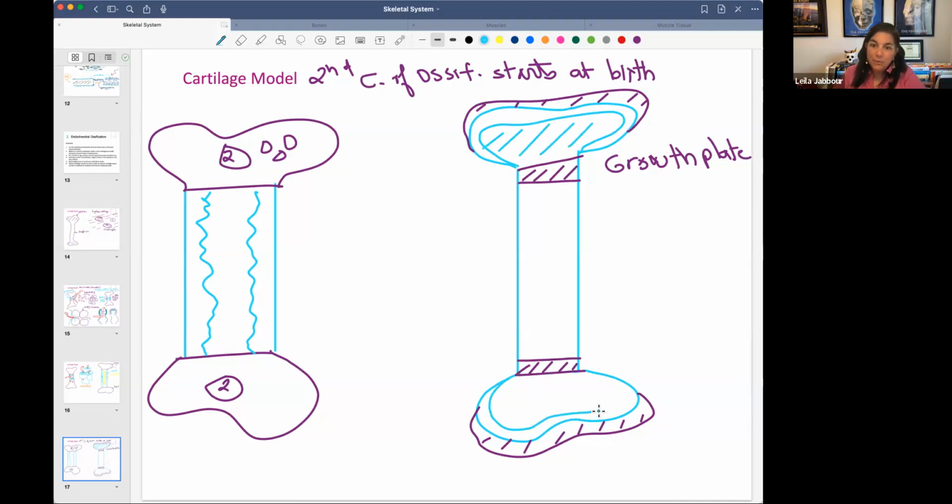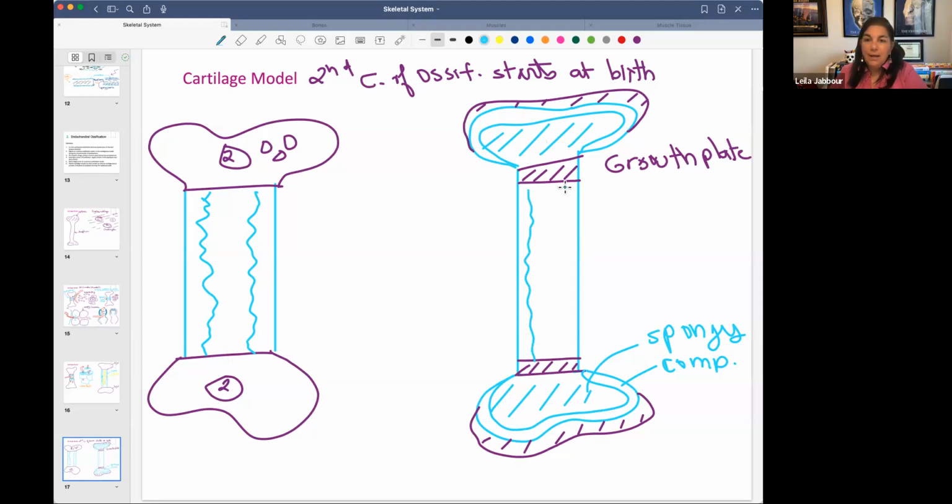So this is very important that you understand that. Compact bone, spongy bone. This is spongy. This is compact. So same here.